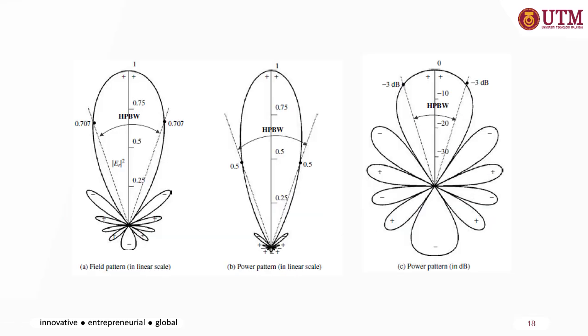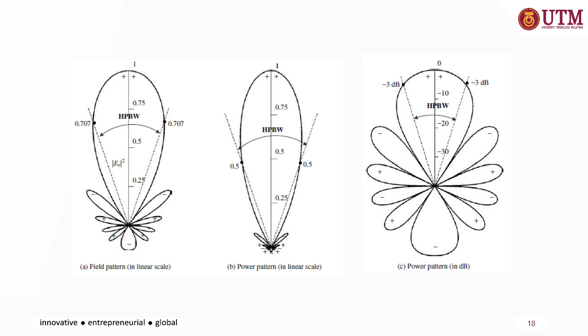Okay, from the description of field pattern and power pattern in slide number 7, and this figure, which you have seen in slide number 12, let's look at the difference between these figures.